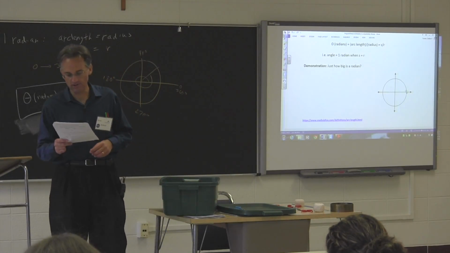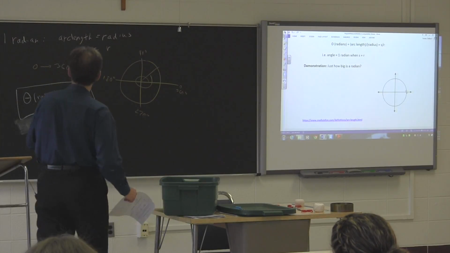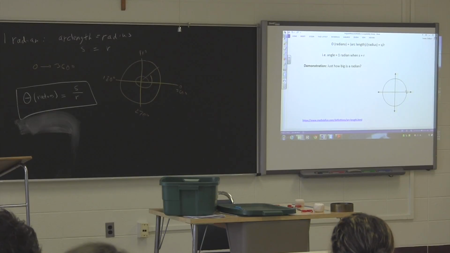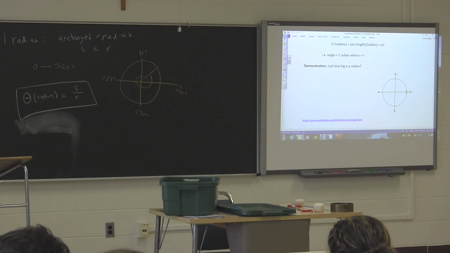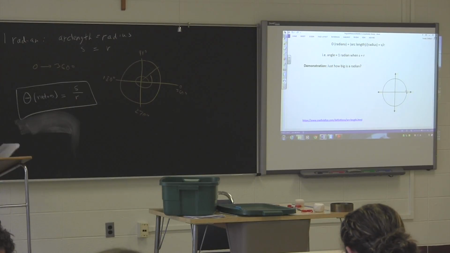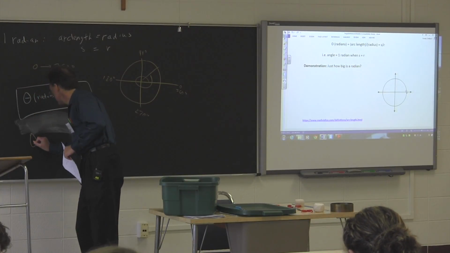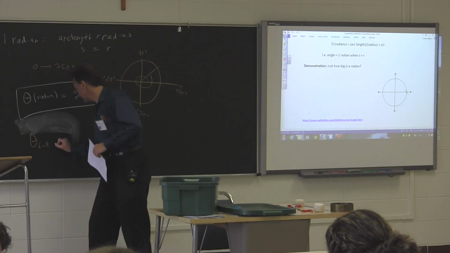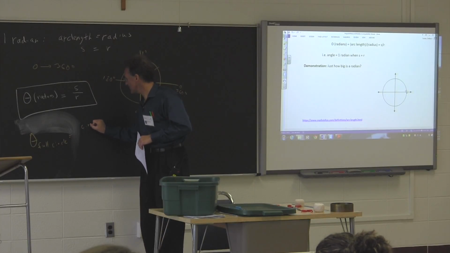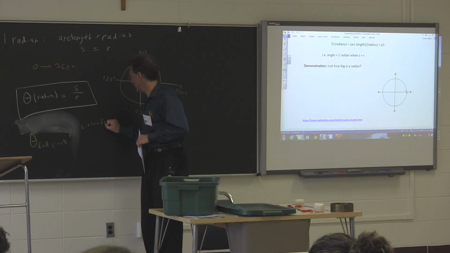so it says for a full circle, the arc length is equal to, of course, what do we call the outer arc of a circle? What's the measure of an outer? The circumference. So since the length of the arc divided by the radius is always the angle in radians, for a full circle you're going to have the circumference, which is the length of your arc, divided by the radius.